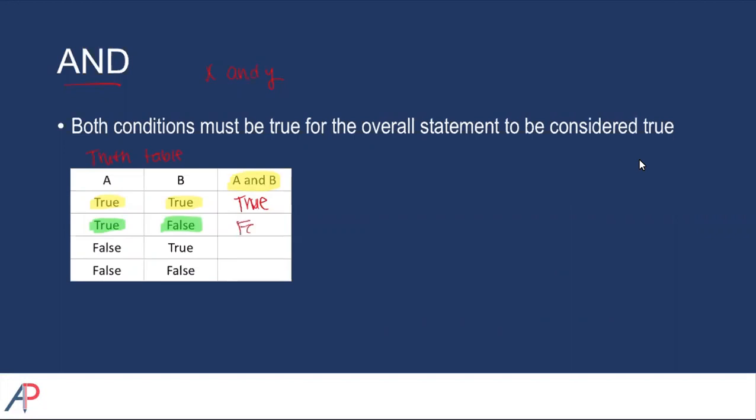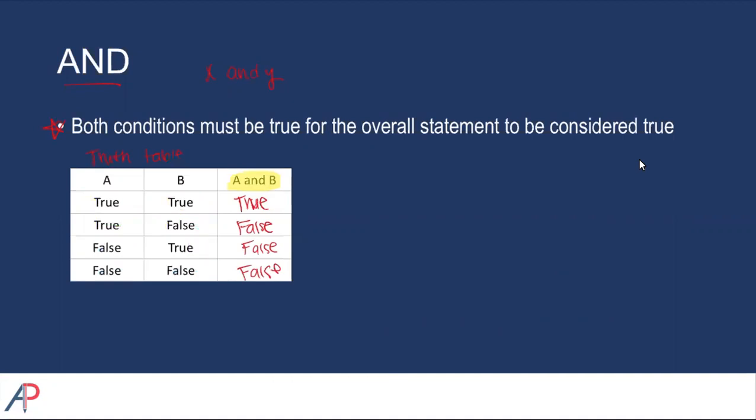Perfect, this would be false. What if I had false and true? Yes, perfect, this would also be false. And finally, what if I had false and false? This would also be false. Very good. So you can see exactly what we said here. Both conditions must be true for the overall statement to be considered true.